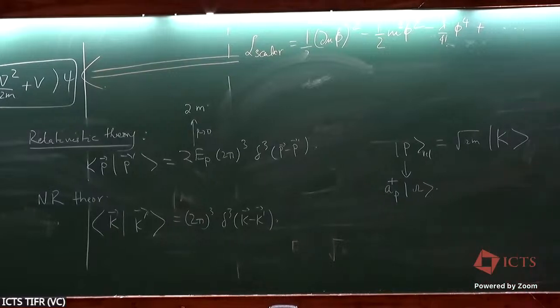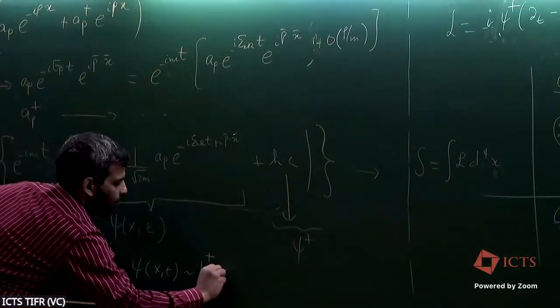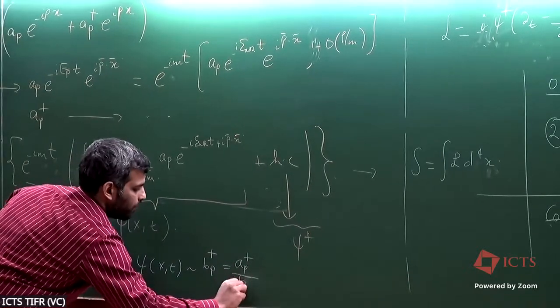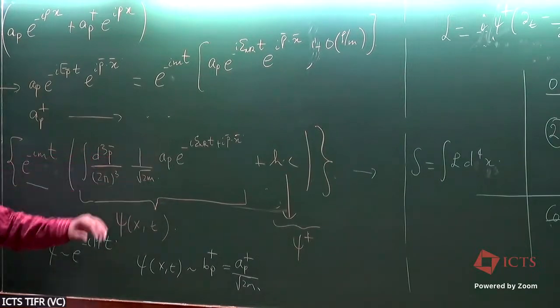But in the non-relativistic case, the operator that creates the one particle state is, let me just write an expression here, something like b_p dagger, which is defined to be a_p dagger over square root of 2m. Okay, so you just take this expression here.